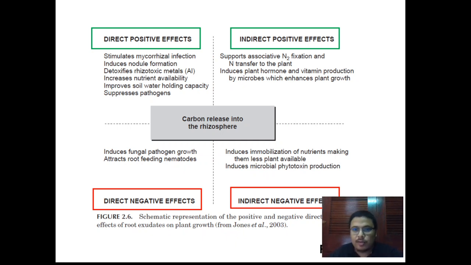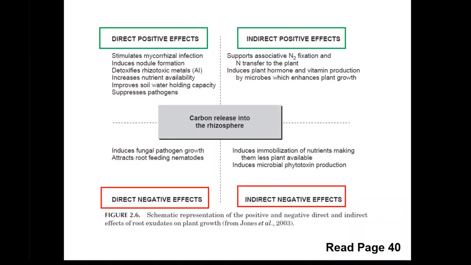So root exudate is very, very important. There are numerous direct and indirect, positive and negative effects of carbon flows in the rhizosphere, which encompass a wide array of symbiotic associations and trophic and biochemical interactions. Do read up about this in your textbook.